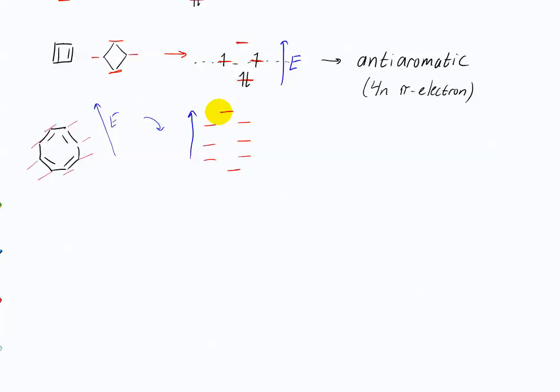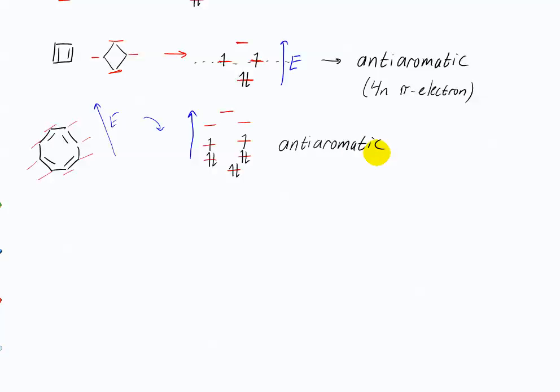How many electrons do we fill with? 8. So that's going to be 1, 2, 3, 4, 5, 6, 7, 8. So what do you think about this molecule? It's got to be anti-aromatic. And because anti-aromatic is less stable, something interesting happens.